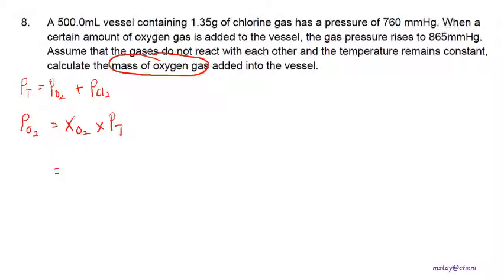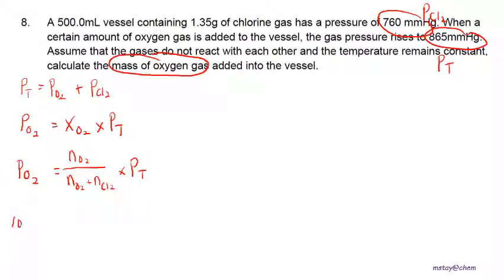The mole fraction of oxygen gas will be equal to the number of moles of oxygen over the number of moles of oxygen plus the number of moles of chlorine gas, multiplied by the P total, and this is the partial pressure of the oxygen gas. From the question, we know this is the P total, and this is the partial pressure of chlorine gas. So P total minus the partial pressure of chlorine gas, which equals 105 millimeter mercury, will be the partial pressure of oxygen.